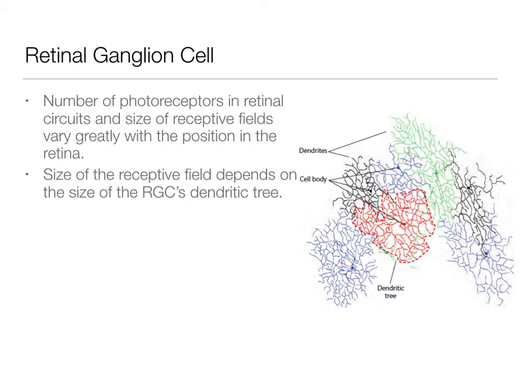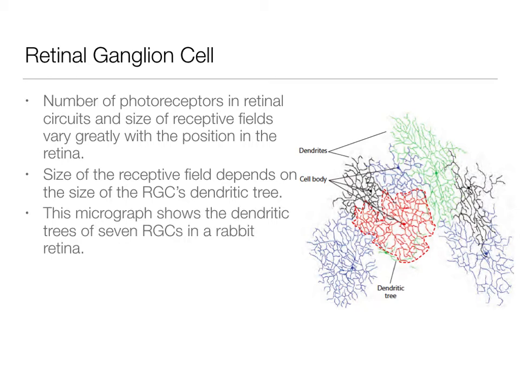And so here, all these different colors on this picture, this is a micrograph, and it shows the dendritic trees of 7 RGCs in a rabbit's retina, okay? So these are all different RGCs, and these are all their different dendritic trees, okay? The more dendrites it has, that means the more connections it has to make.